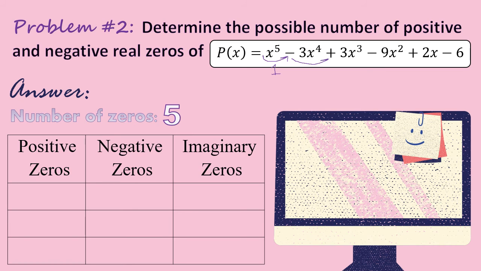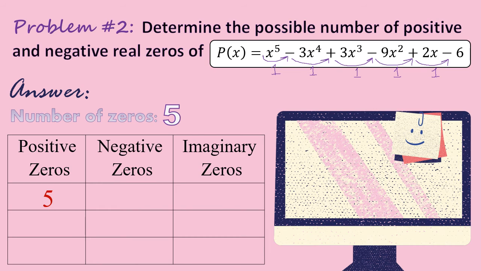Negative becomes positive, so there is a variation again. Positive becomes negative, so there is a variation again. Negative becomes positive, there is another variation. And positive becomes negative, there is a variation. So all in all, how many variations do we have? 5.